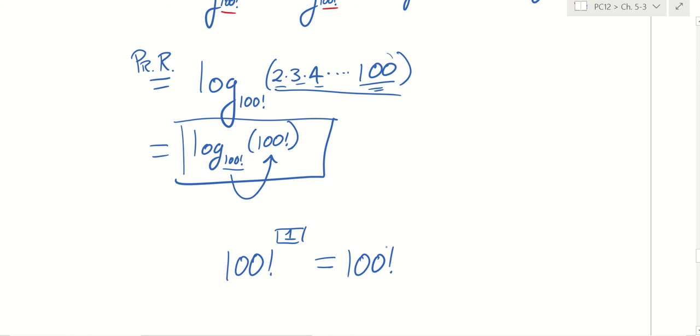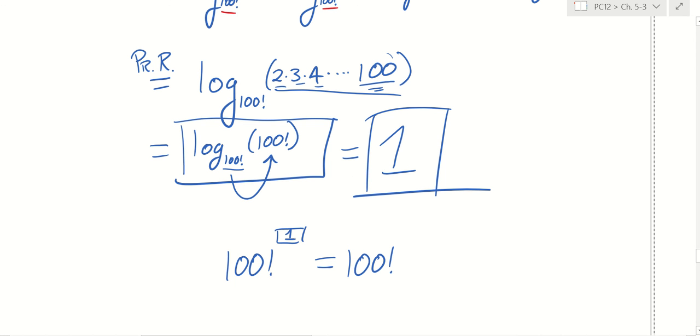Well, to the power 1. So that's our answer. 100 factorial raised to the power 1 would get you 100 factorial. So that's what this logarithm represents. It represents the exponent on base 100 factorial that you would apply to get 100 factorial back.